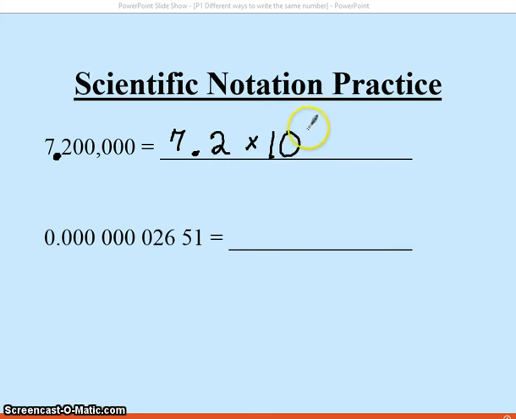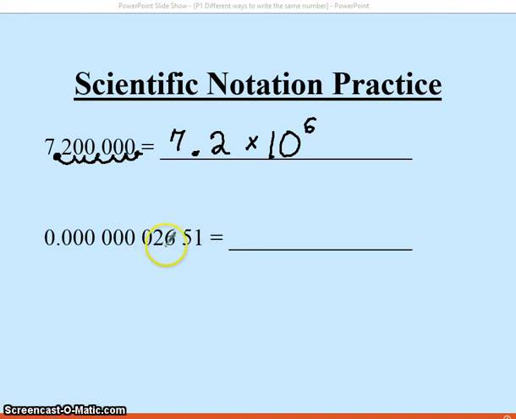Now, will my exponent be positive because it's a big number, or negative because it's a small number? It'll be positive. Now, we will use the number that describes the difference between the old decimal, which I just drew, and the new decimal, which we placed here. And if you look, there's 1, 2, 3, 4, 5, 6 places. This number is 6 times smaller than this one.